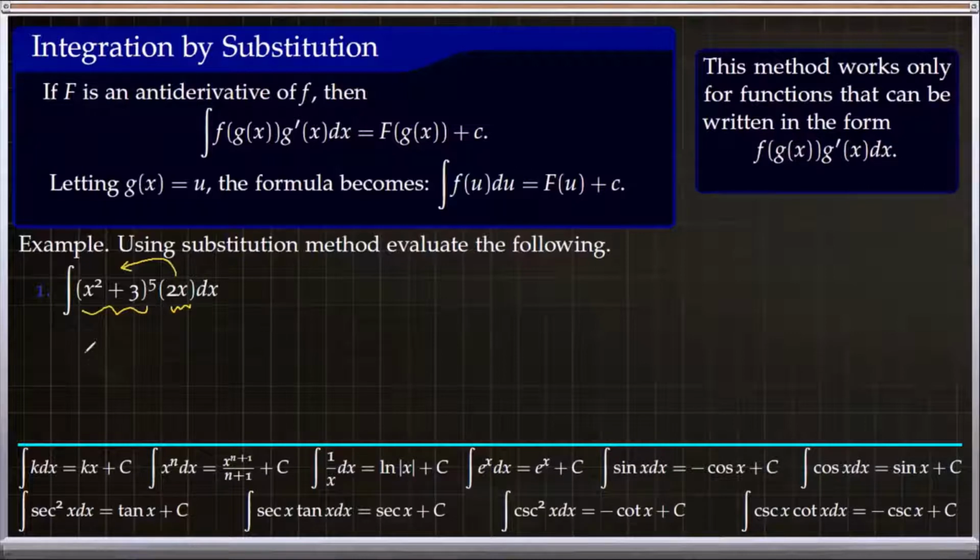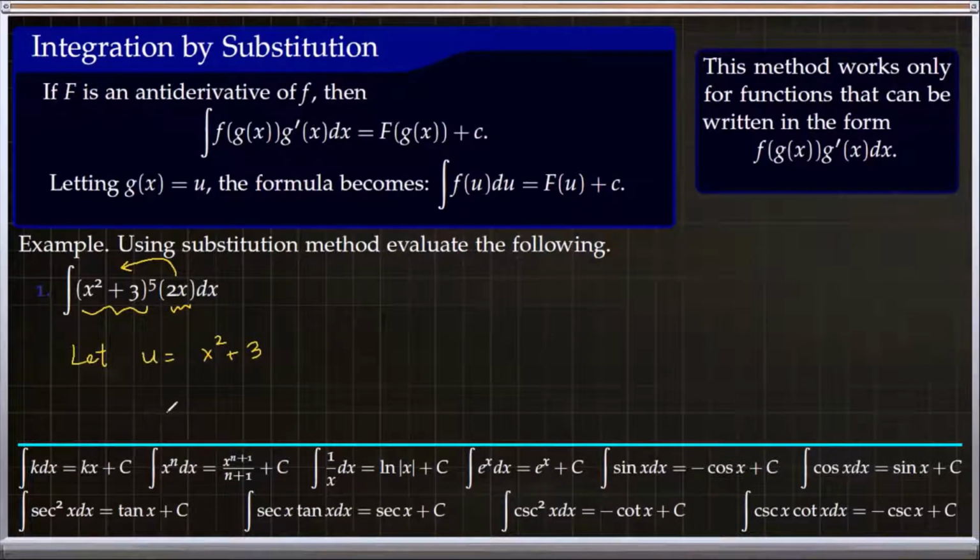So let's just try it. We let u to be the inside function of the composition part. So we let u to be x squared plus 3. Now we want to write everything in terms of u. We want to write the whole integral in terms of u.